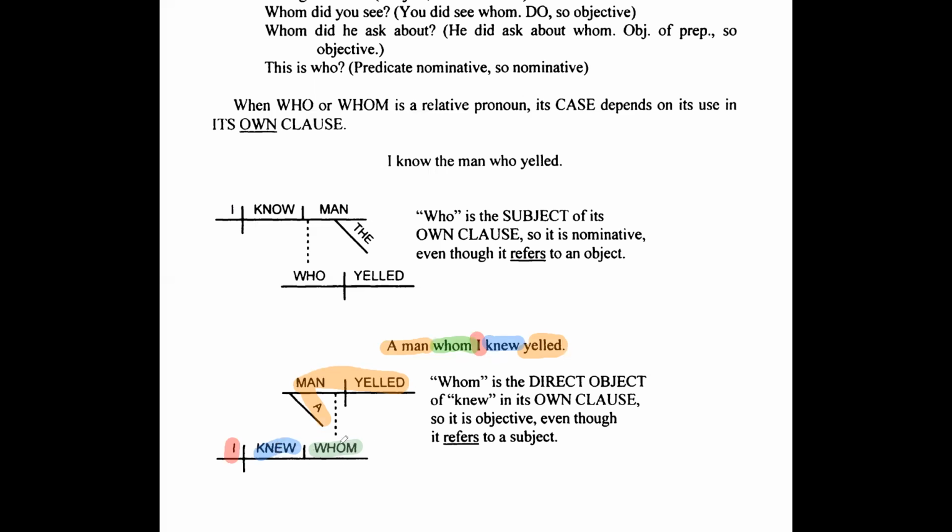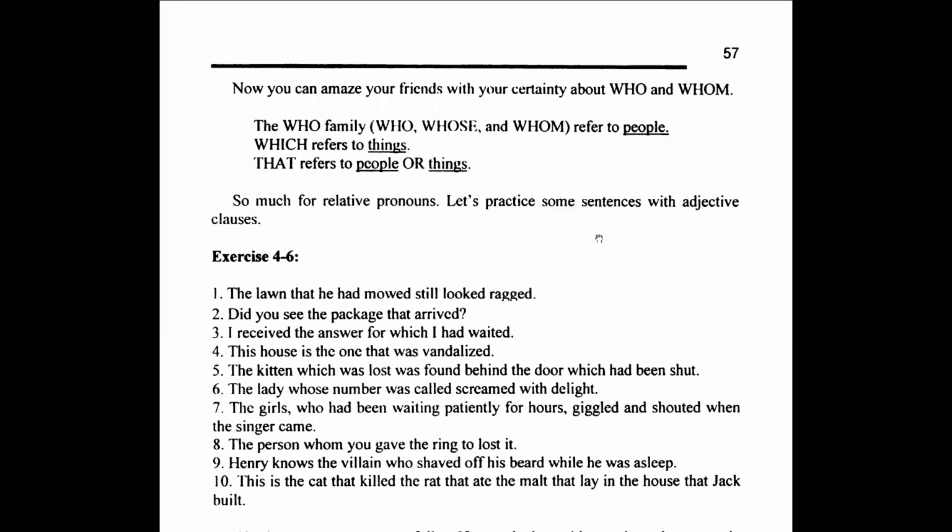So whom is going back to man. Man is in the nominative case because it's the subject. Whom is in the objective case because it is a direct object in its own clause, in the adjective clause. It's very important to distinguish between the two. Whom is a direct object of knew in its own clause, so it is objective even though it refers to a subject. Okay, so remember that principle.